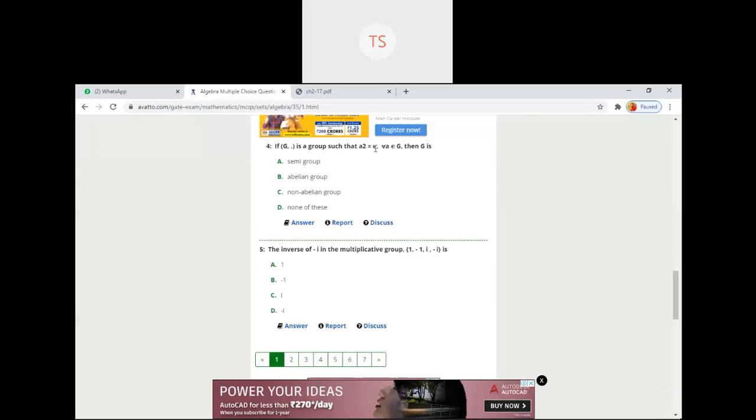Now, if a² = e, can we say it satisfies the closure property? If a² = e, will it satisfy the closure property or not?